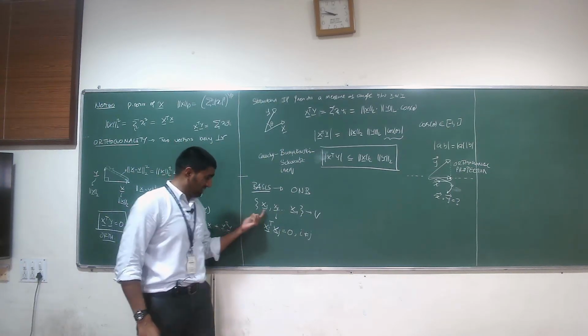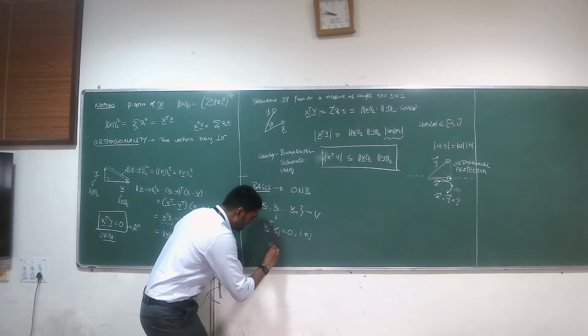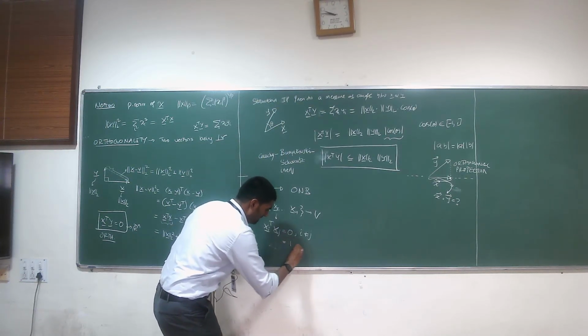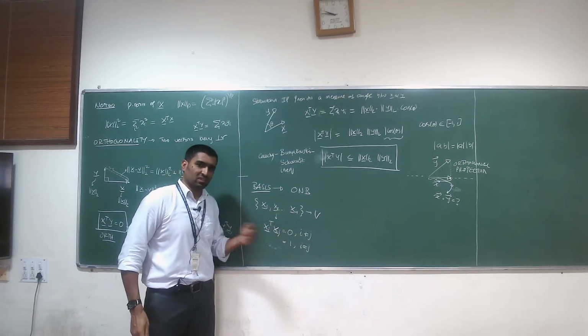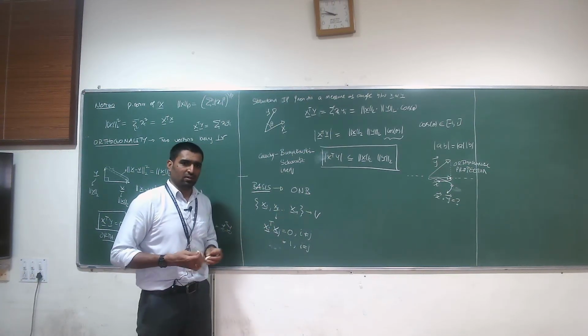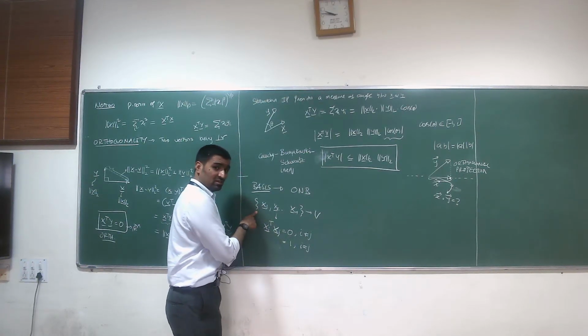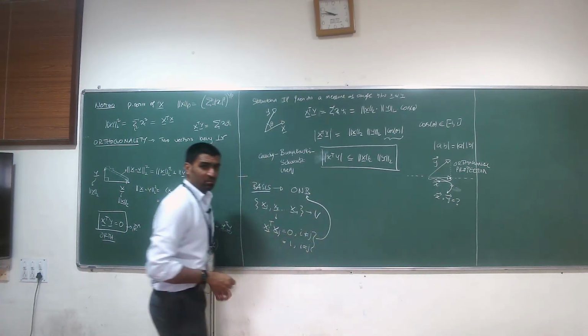That means every vector here is perpendicular to the other vector. And this is equal to 1 if i is equal to j. That means the length of each of these vectors is 1. Okay. So if this is satisfied by your basis, then it's an orthonormal basis.